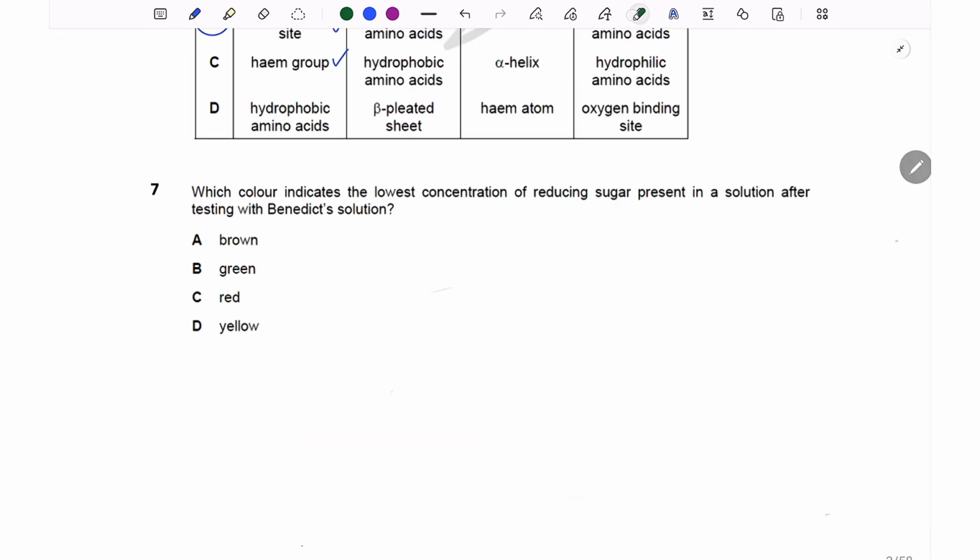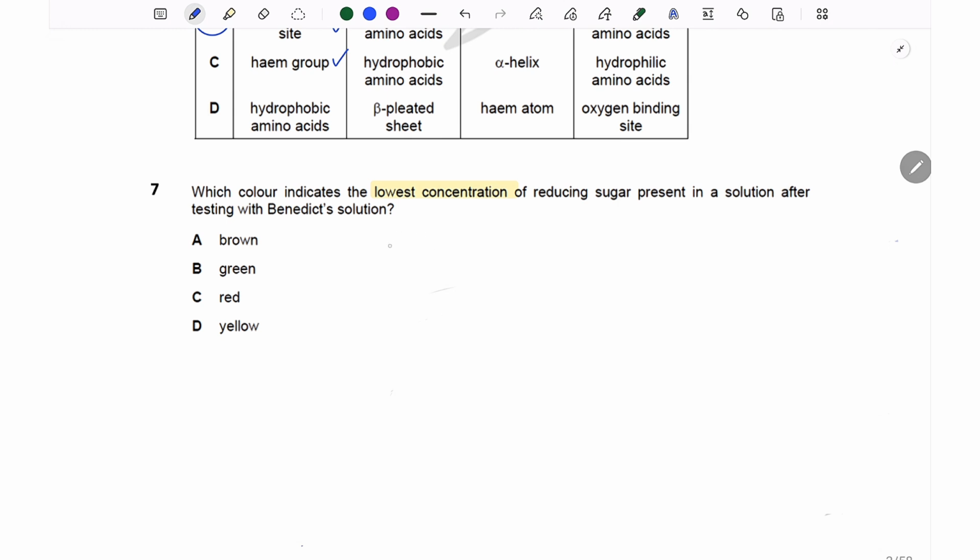Question number 7, which color indicates the lowest concentration of reducing sugar present in a solution after testing with Benedict's solution? So the key point here is lowest concentration.